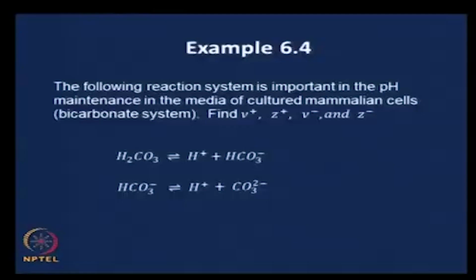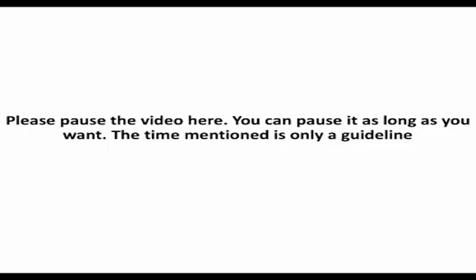Similarly, on the other side, if the pH goes up due to some means, then this medium must be able to handle that. I am not getting into the mechanism of the bicarbonate buffer itself, that I am leaving to you as some additional reading. You can go ahead and do it. As of now, please find nu plus, Z plus, nu minus and Z minus. Take about 10 minutes to do it.